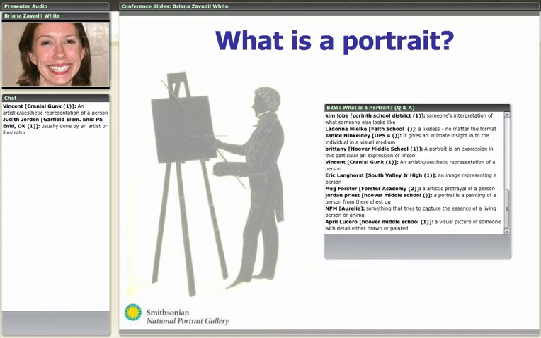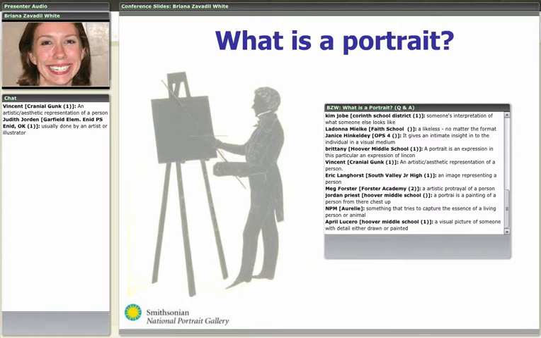Here at the Portrait Gallery, we tell the story of America through the individuals who have shaped U.S. culture. So our focus is on the sitter, the person in the portrait, and not necessarily the artist. So our focus is the contribution of the sitter, and what does the portrait say about the person, the time in which they lived, and again, their contribution.